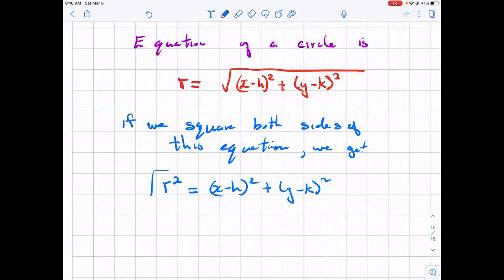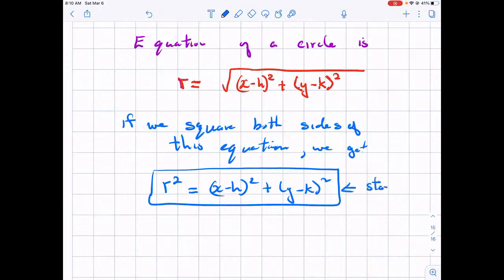And this here is what we call the standard form of the equation of the circle.